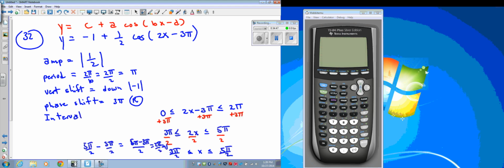So this is right. That's correct. And the phase shift: this thing is phase shifted to the right 3 pi over 2, right? 3 pi over 2.